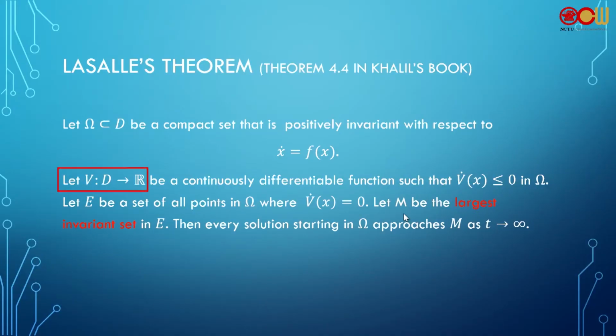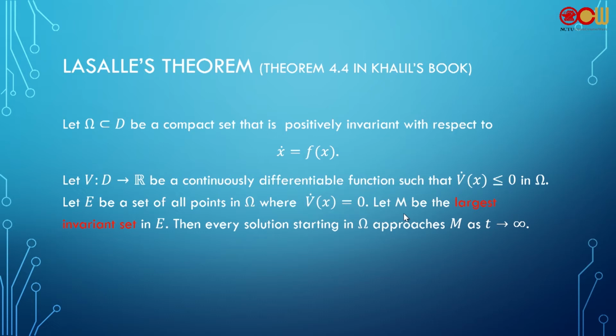Then let V be some continuously differentiable function, a Lyapunov function, for which V dot is not greater than 0, or you can say it's negative semi-definite. It's exactly the case that we confirmed before. V dot is NSD, right? For ND, it would have to be negative. Then let E be the set of points in omega where V dot is equal to 0.